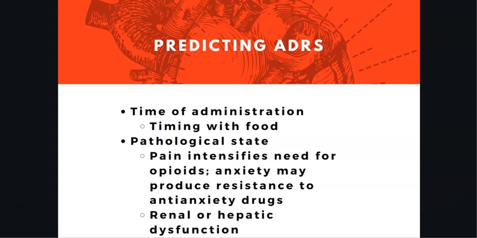The time that they take it, like if they have to take it with food or not. Anxiety may produce a resistance to anti-anxiety drugs. If they have problems with their kidneys or their liver, so their pathological states also.